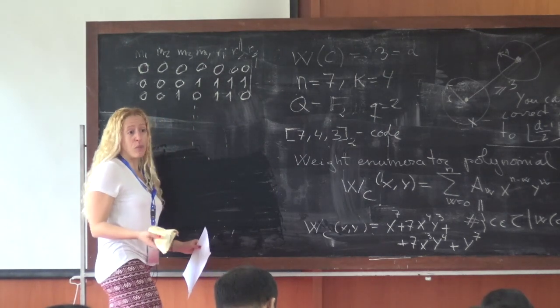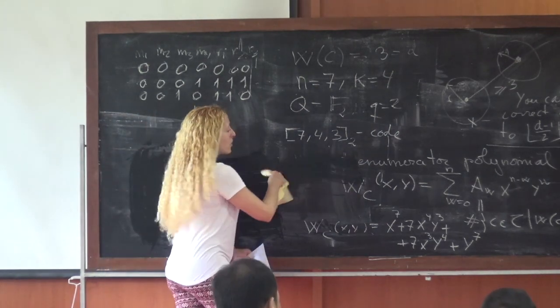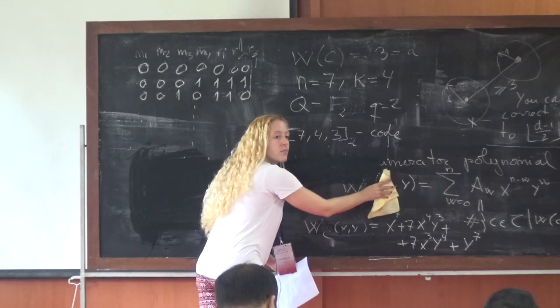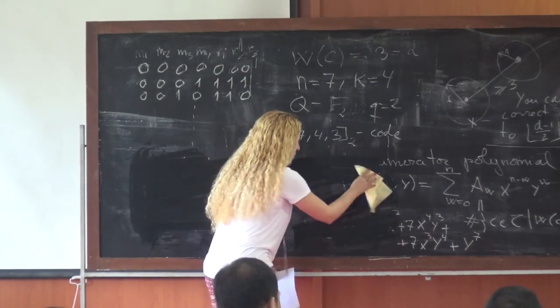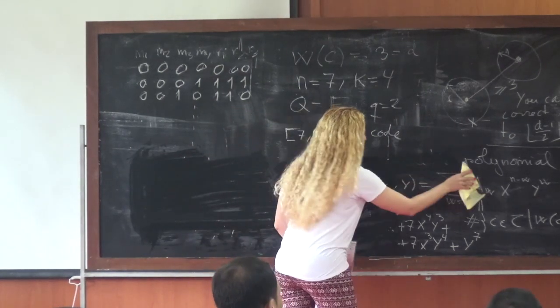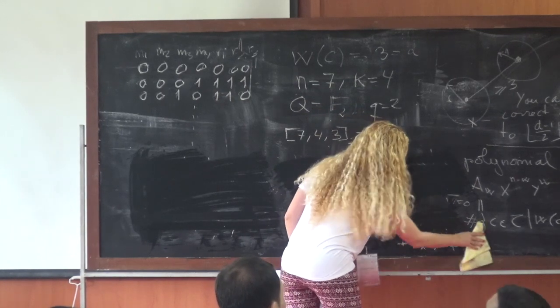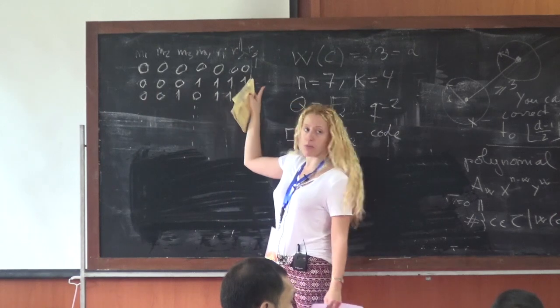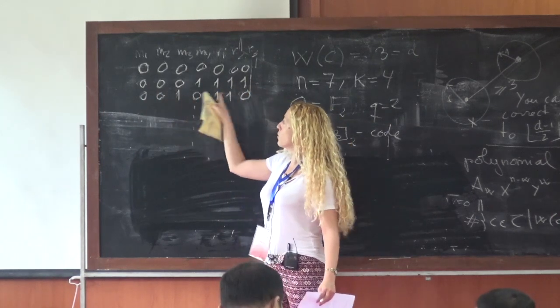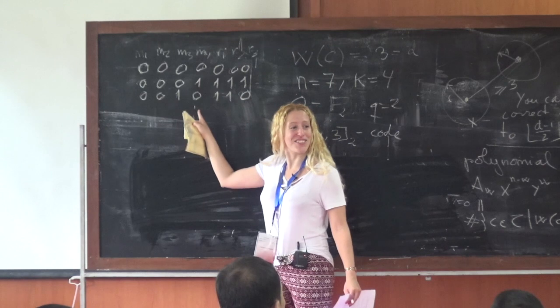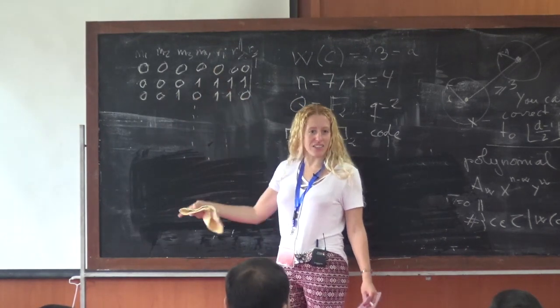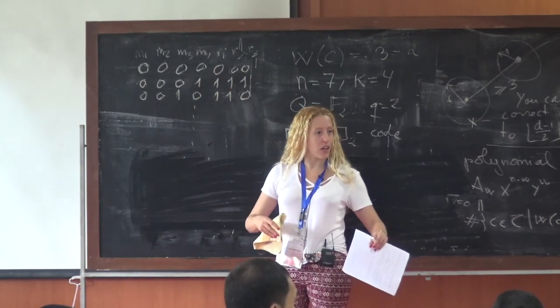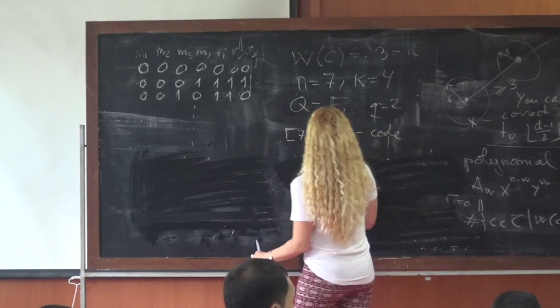So if it's a code of dimension 4, I need 4 linearly independent vectors, right? An easy way of getting those vectors, because of the way I construct it, is I can get the 0, 0, 1, blah, blah, blah, the 0, 0, 1, 0, blah, blah, blah, the 0, 1, 0, 0, blah, blah, blah. And in this way, I ensure that the 4 vectors I'm taking are linearly independent.